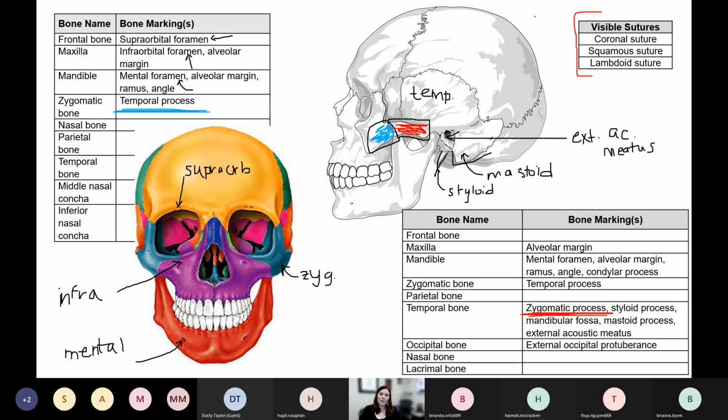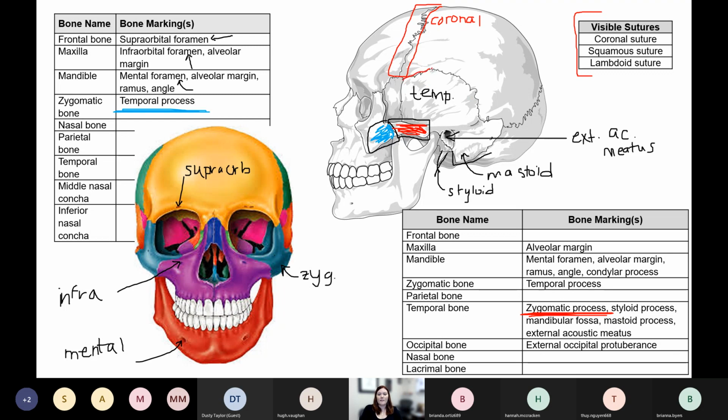The first suture we're going to talk about lines up with the kind of plane that it looks like on your body. If we were to cut your head like this, we'd be making a coronal plane, and this is called the coronal suture.